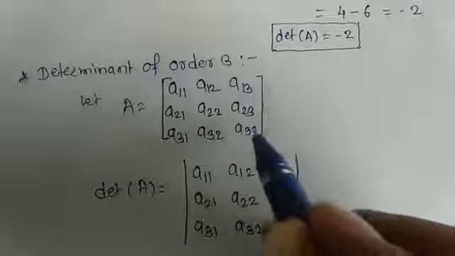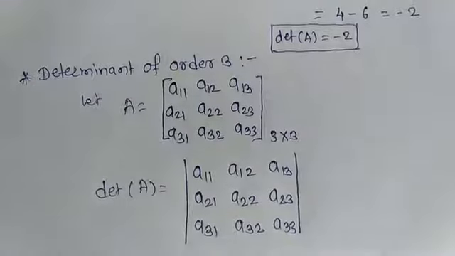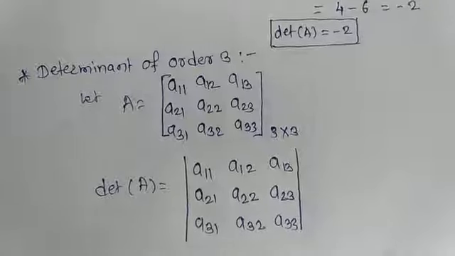Now the determinant of A is the mod of this matrix. Here we have to find a determinant of order 3, and a determinant is calculated only for a square matrix.